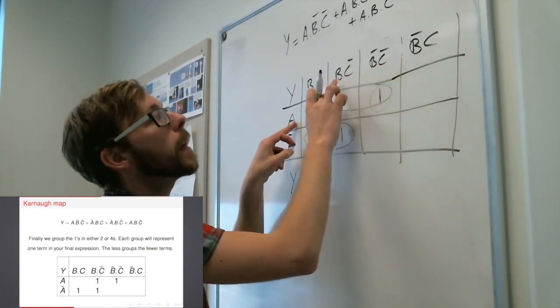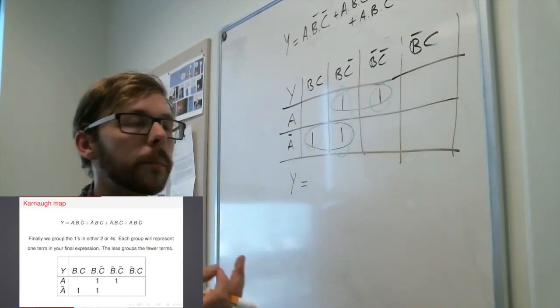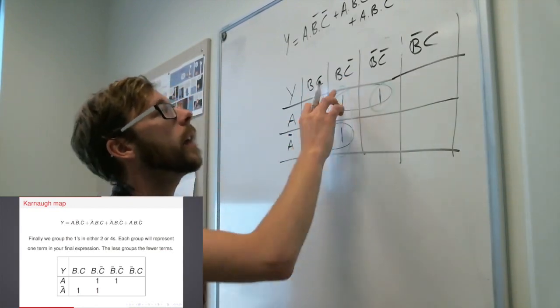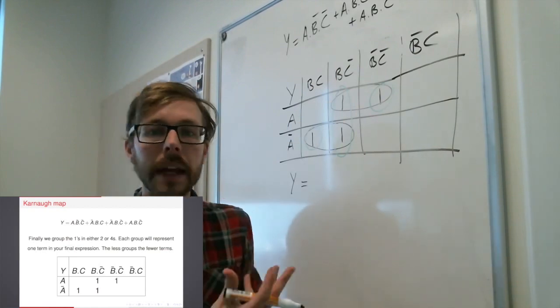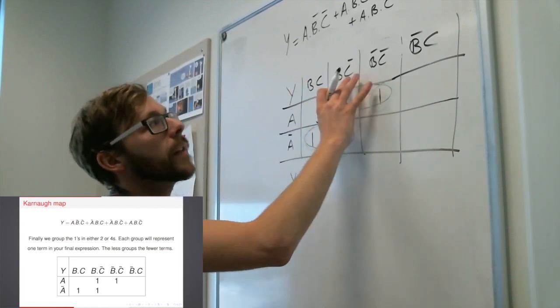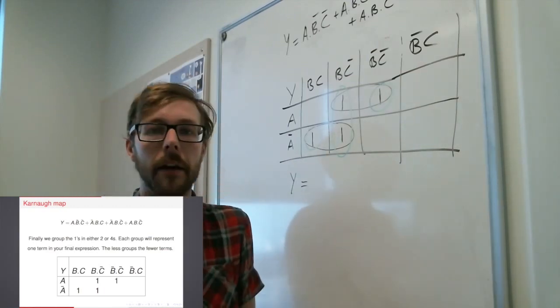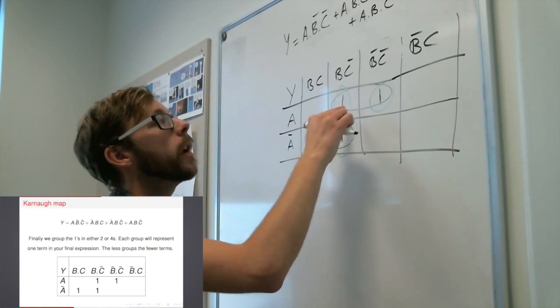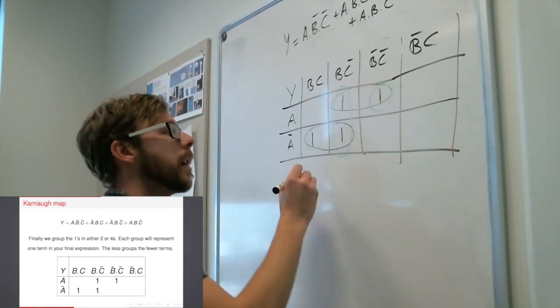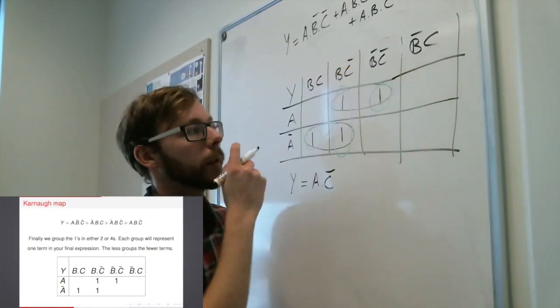The B is not. The B changes between a B and a not B. And why is that important? That's the same as saying the value of B does not matter for this group. It doesn't matter whether it's B or not B. The A and the not C are the only things that matter. So those are the only things that get carried on to my final expression. So my term from that group becomes A and not C, because the B doesn't matter.